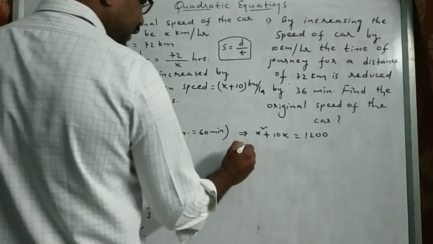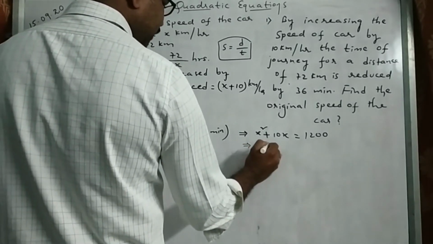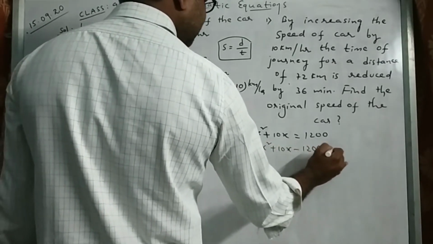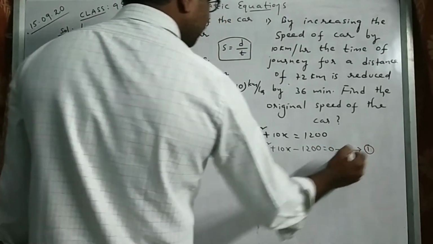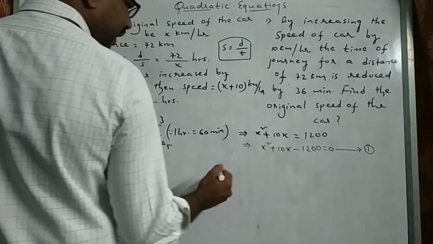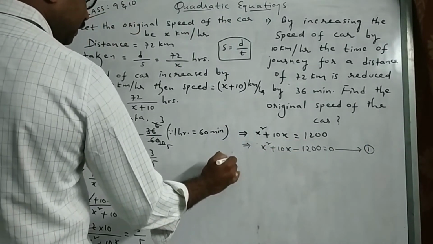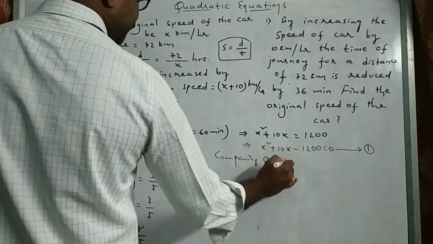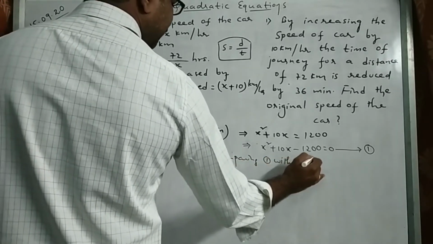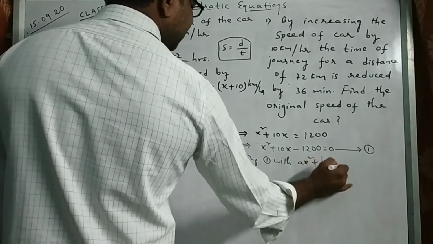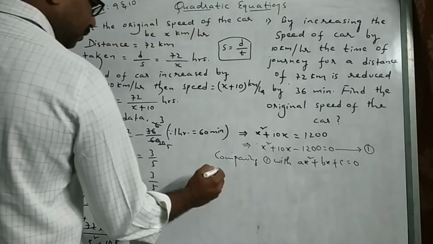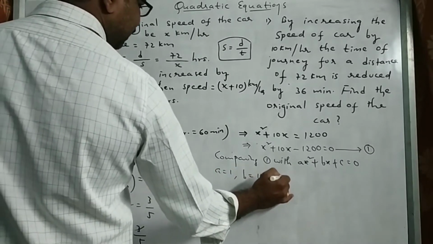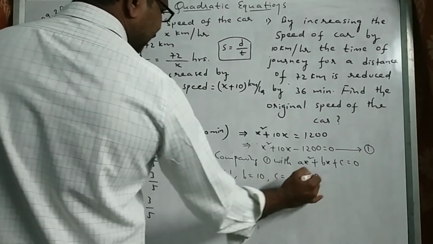Now that 1200 you bring to this side: x square plus 10x minus 1200 equal to 0. Equation 1, which is a quadratic equation in terms of x. So what to do now? Comparing it with ax square plus bx plus c equal to 0, we get a value 1, b value 10 and c value minus 1200.